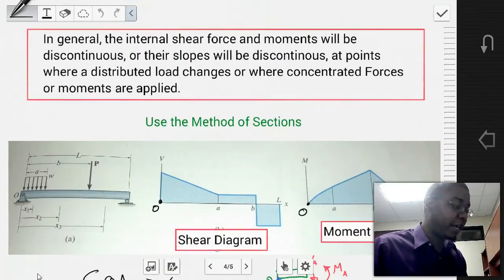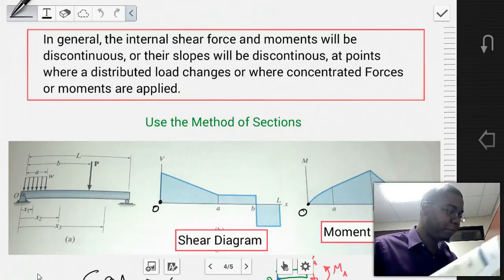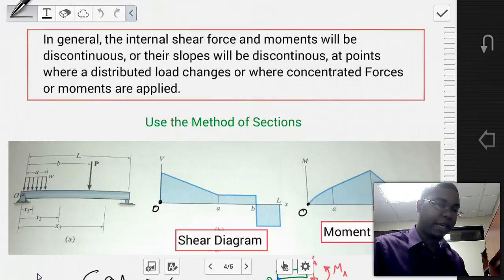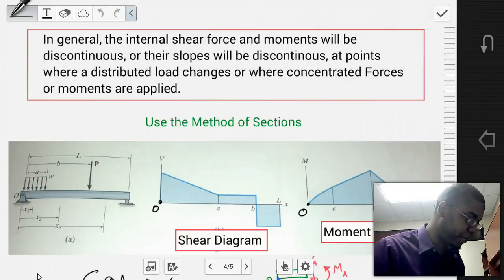So here's an example. Say we're given a simply supported beam. It has some distributed load on it, and it has some concentrated force P, right?